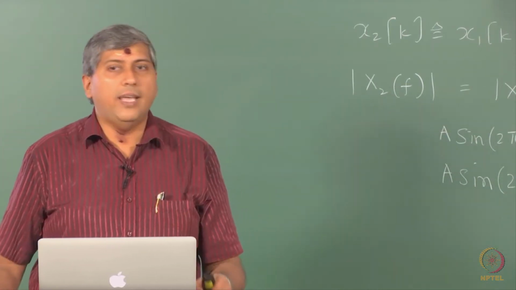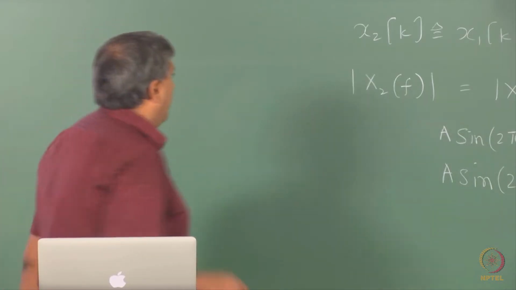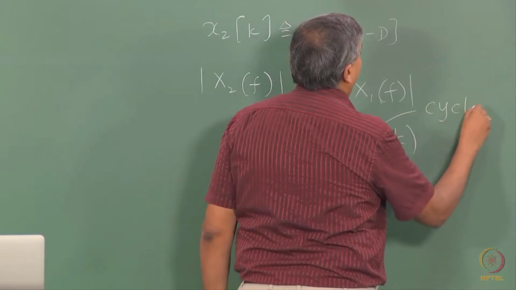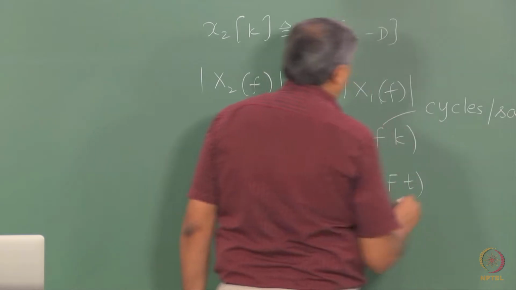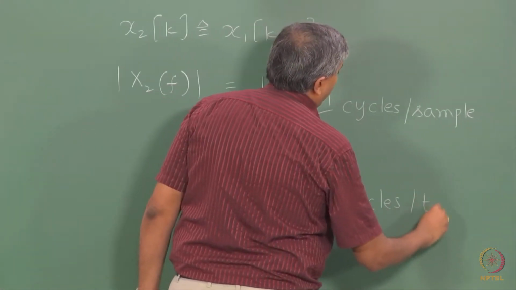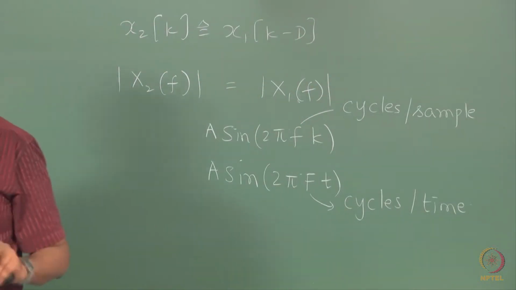So, just saying hertz is not enough, you have to have an accurate understanding of the units of f. So, this has units of cycles per sample, whereas the big F has the units of cycles per unit time, right. Both are continuous valued, there is no confusion with respect to that.